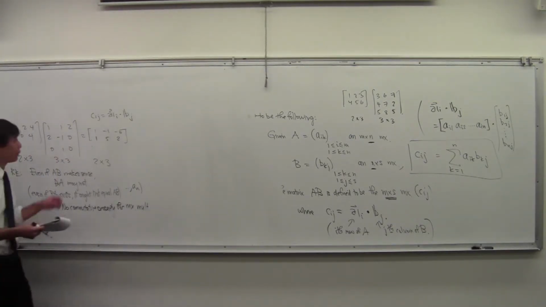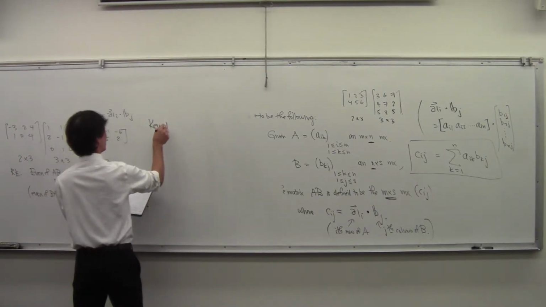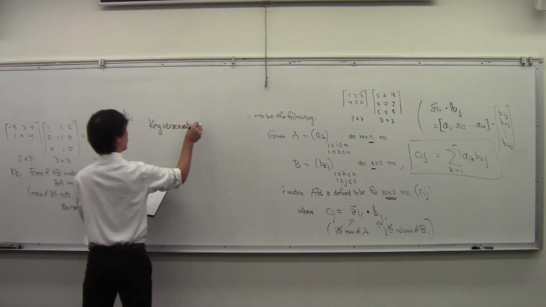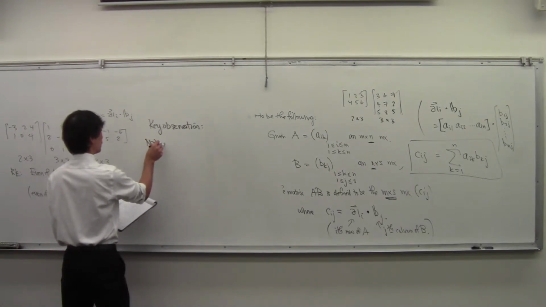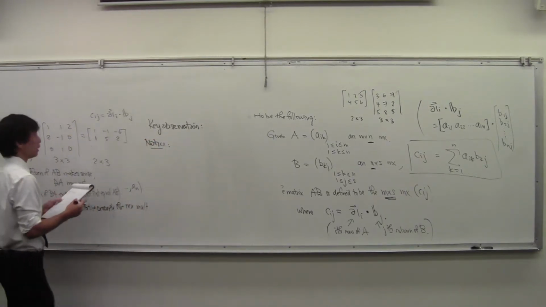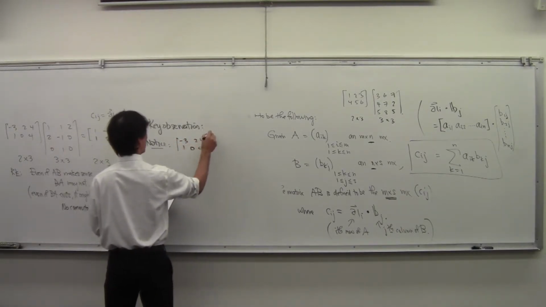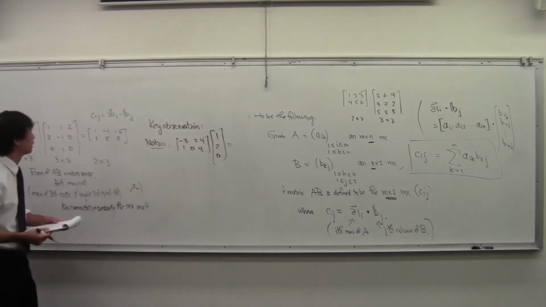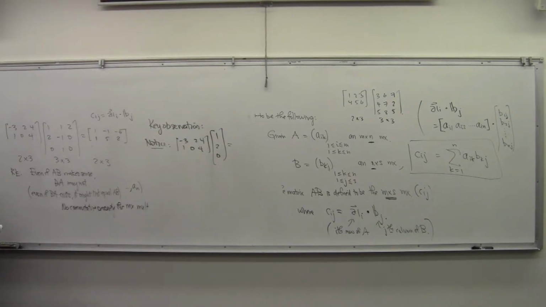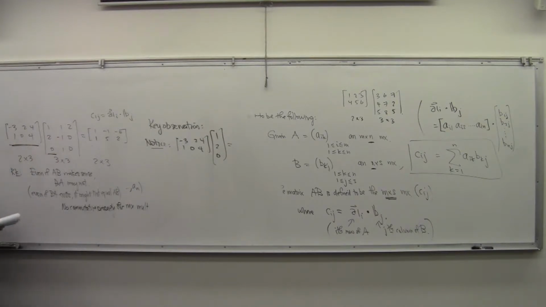Okay. Let me make one observation that's going to be really important. So, key observation. Notice that if I take the matrix -3, 2, 4, 1, 0, 4 and multiply it by 1, 2, 0, what do I get? I'm just taking this matrix against the first column of the second matrix.